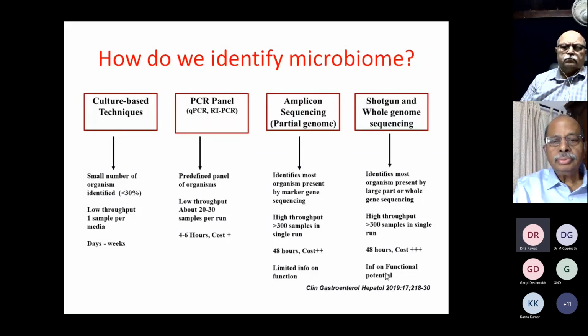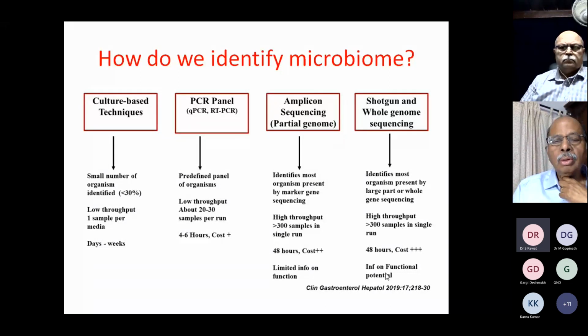Then we target the other areas, which are the variable V3 V4 regions. There are various regions in this ribosomal area. So with the conserved region we will identify whether bacteria are there or not, and with the variable region we will identify which bacteria are there, with the help of the library, which you'll see later.